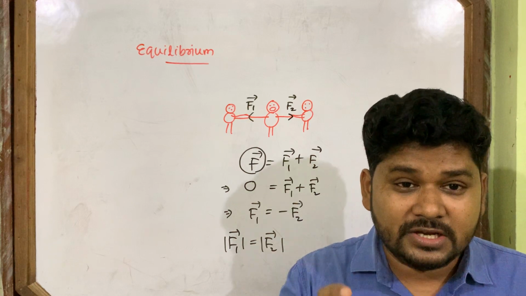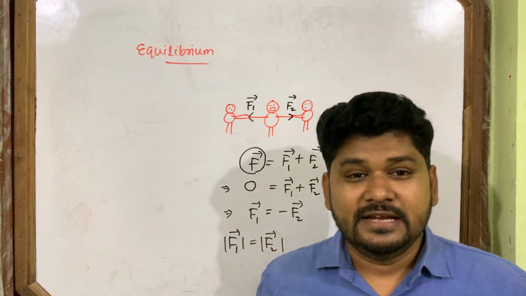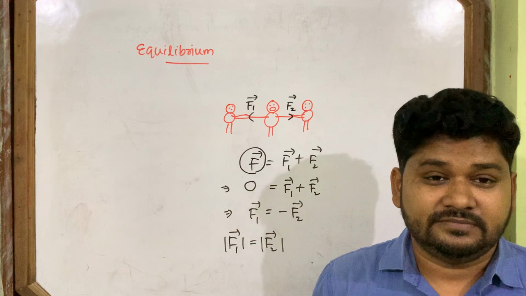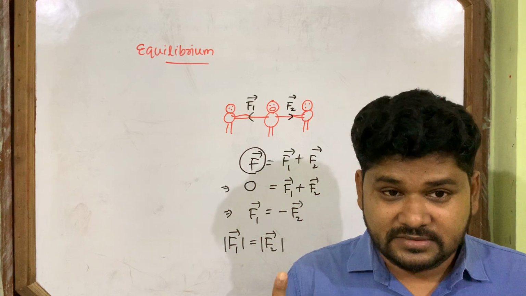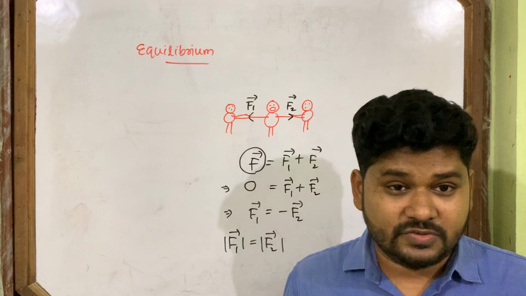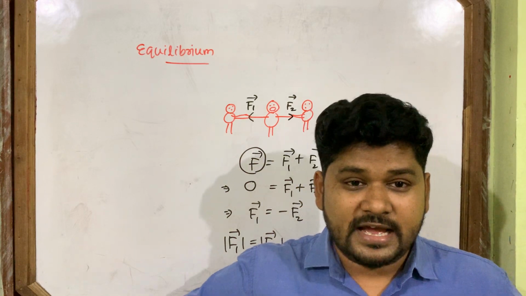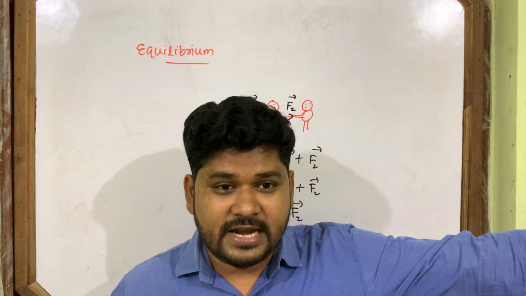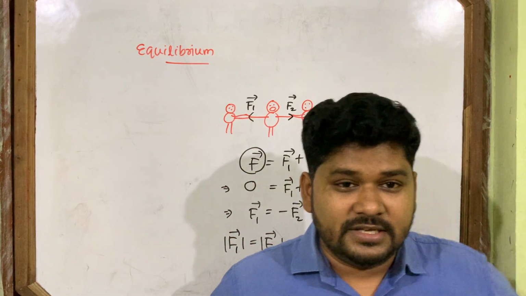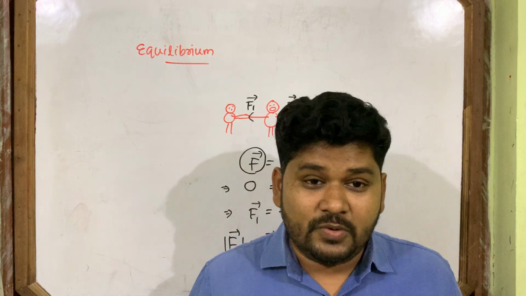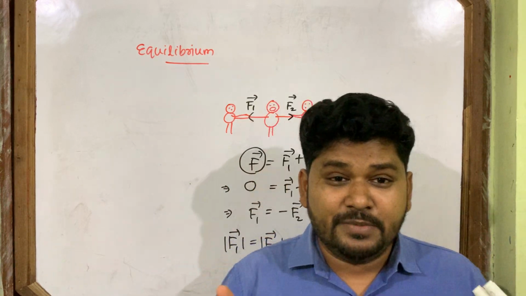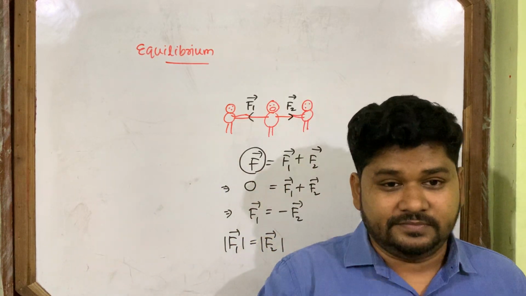Minimum cannot be one, because one force cannot cause equilibrium. If one force acts on me from this side, I will go to that side. But with two forces, the minimum number of forces is 2.